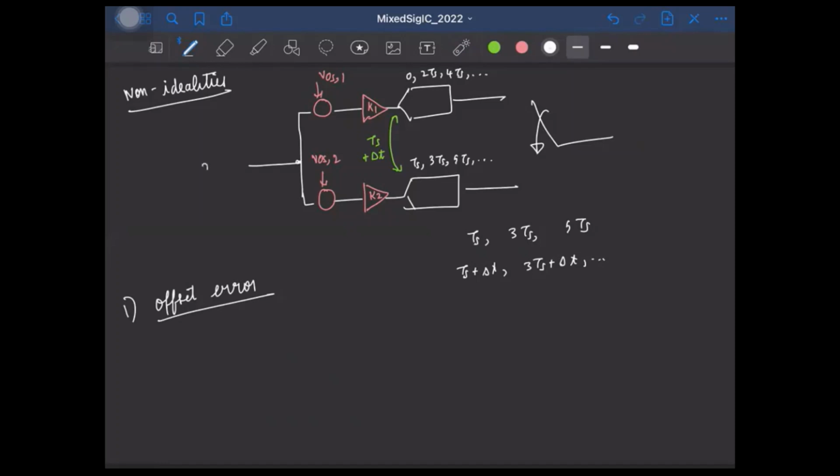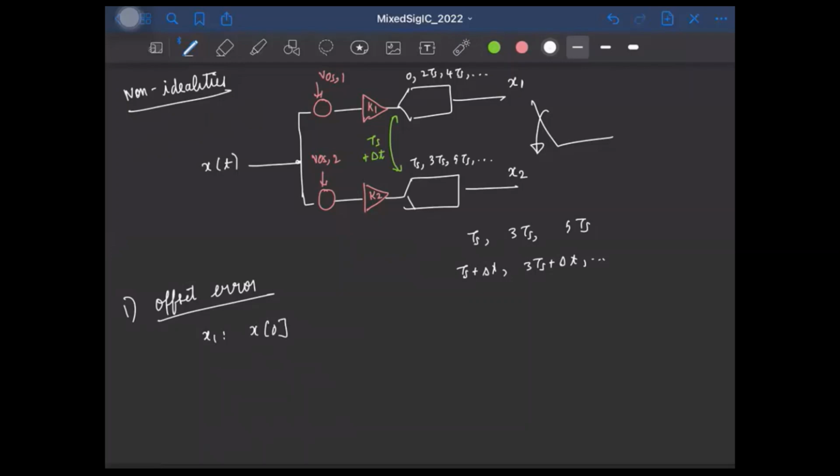So let's say the signal here is some x of t. What will happen? Well, from the first ADC, the output, if I call it x1, will give samples which are x of 0. Of course, x of 0 is the digitized version of the signal x, so for simplicity, I'll just call it x of 0.